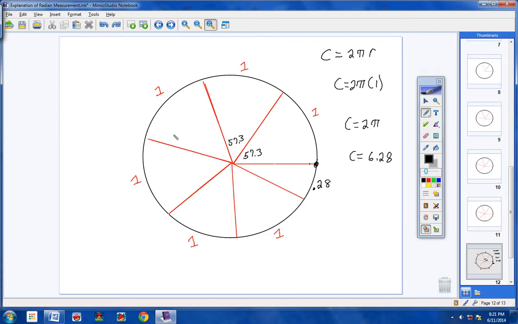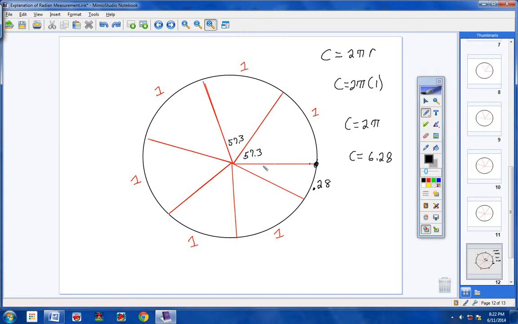And again, some of you will see this and some of you will not. When you set up a circle that has a radius of 1 and you open up the angle in such a way that the intercepted arc right here has a length of 1 also, then you will have 6 of these angles that will go around the circle plus 0.28 more. And so that's where we get to 57.3.